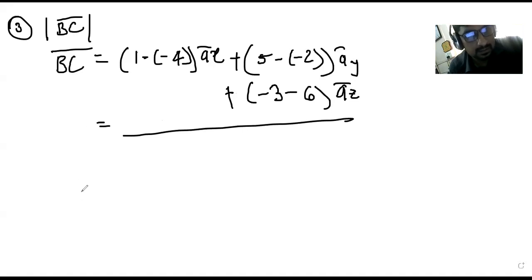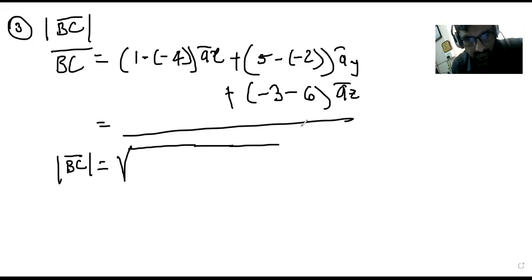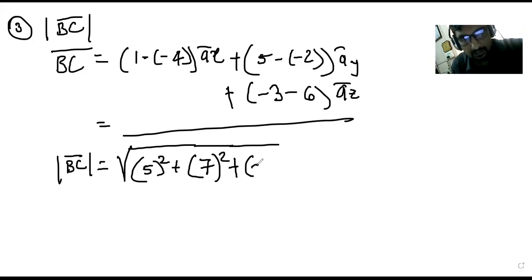But I'm not interested in the answer of BC bar. I am interested in the magnitude of BC bar. So magnitude of BC bar is equal to under root. What are all those coefficients? It's 5. So 5 bracket square plus next is 7 bracket square plus minus 9 bracket square.